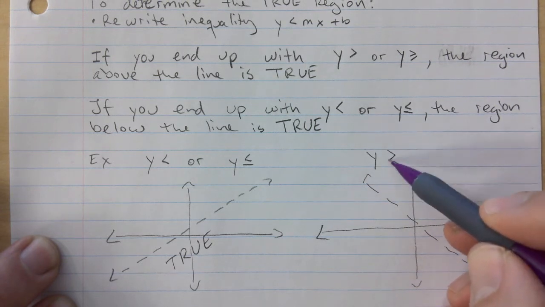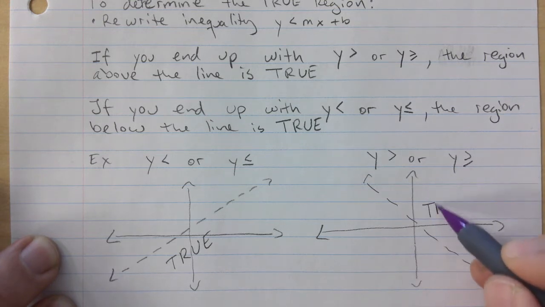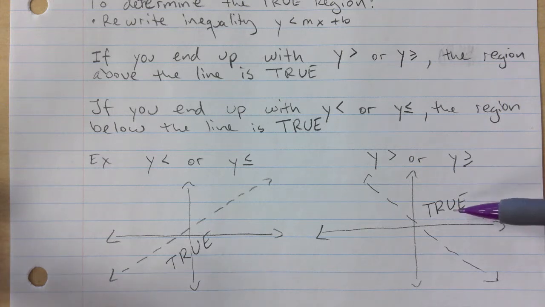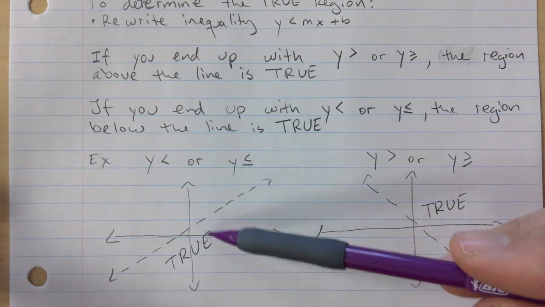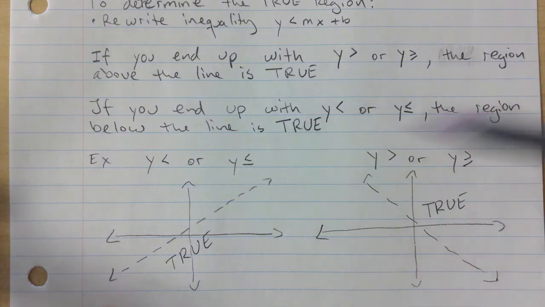If we have y is greater than or y is greater than or equal to, everything above is true. So keep in mind that if this is true, then obviously this would be false. And if this is true, everything above would be false. So the way the line is pointing, that will be exclusively dependent on the situation. All I'm focusing on here is finding the true and false regions, okay?